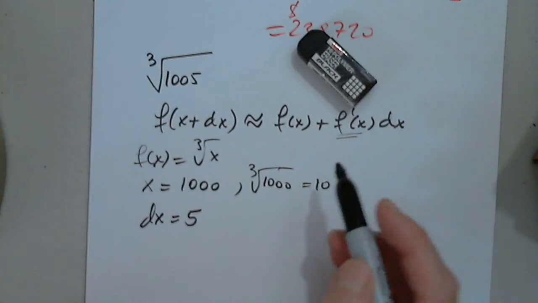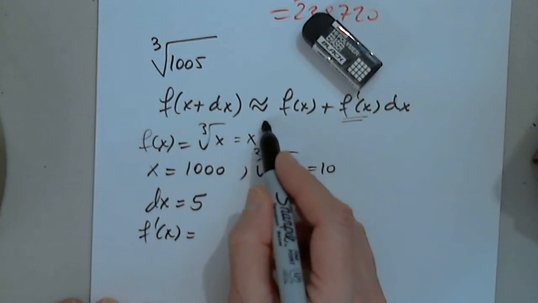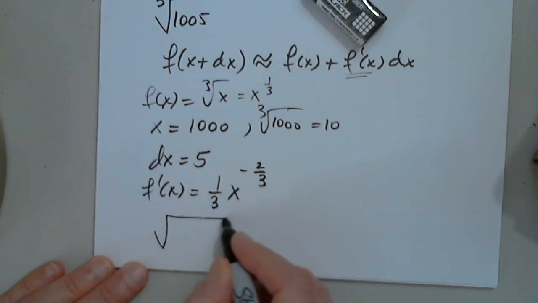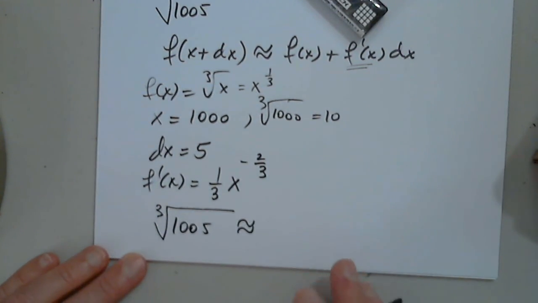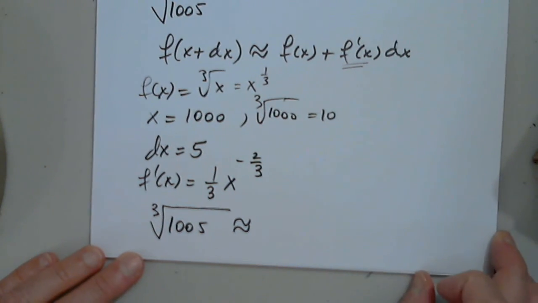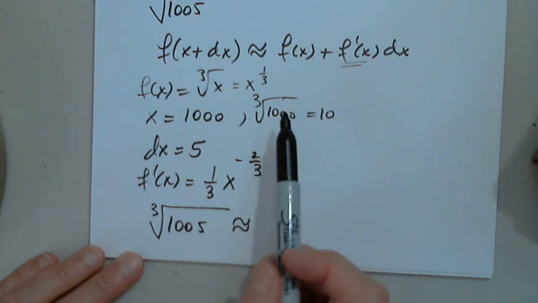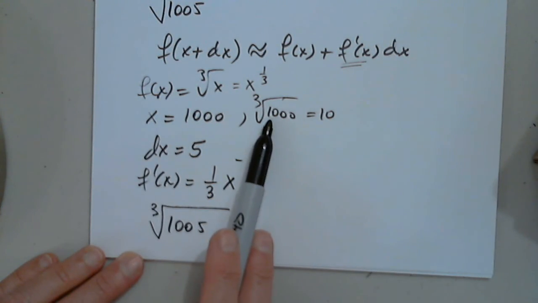Let's find f prime of x, which we know is x to 1/3, so x to negative 2/3. And now we can approximate the cube root of 1,005 using calculus without a graphing calculator. It's approximately f of x, but f of x is the cube root of 1,000.